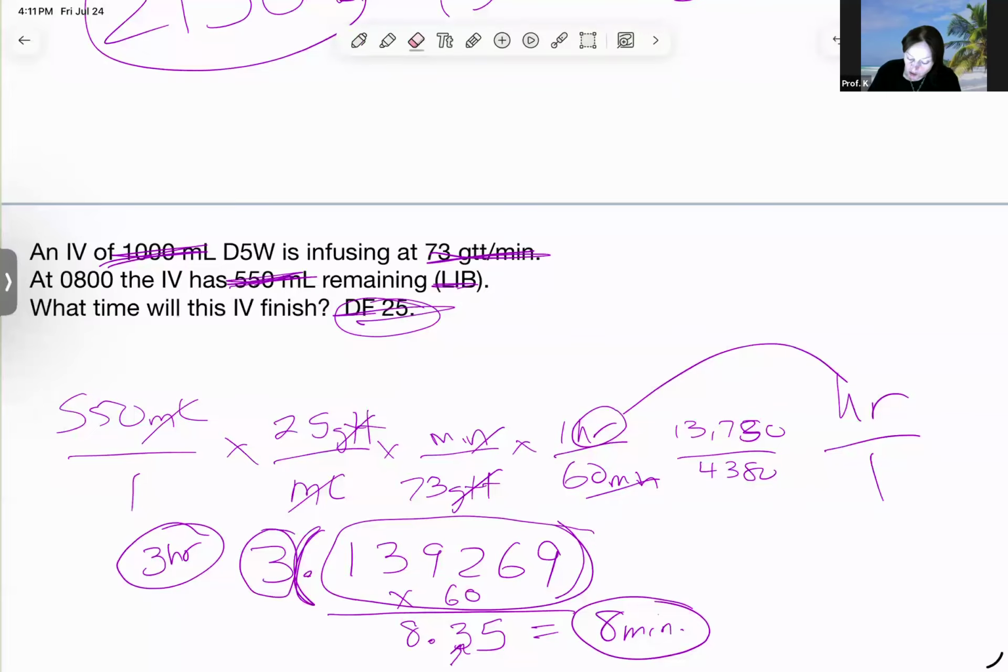All right. So now I'm solving. It takes 3 hours and 8 minutes to run this 550 milliliters. So I walked in at 0800. It's going to take 3 hours and 8 minutes. So what's my final answer? 1108.